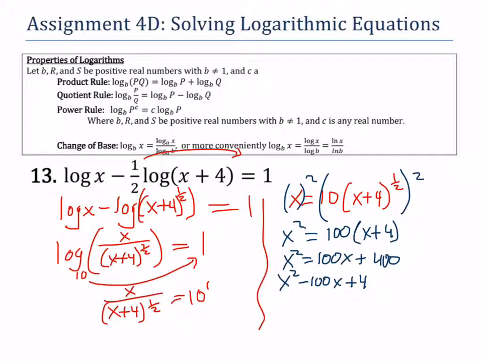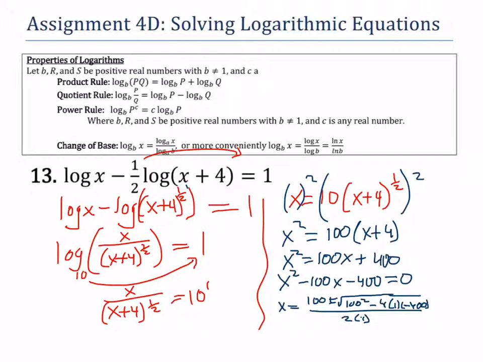That's handy. That's going to be minus 100x minus 400 equals 0. That's kind of ugly, but using the quadratic formula we can get an answer. x equals 100 plus or minus the square root of 100 squared minus 4ac, all over 2a, that whole deal.